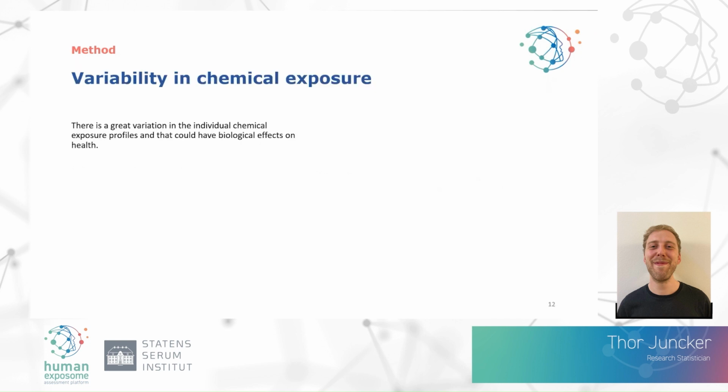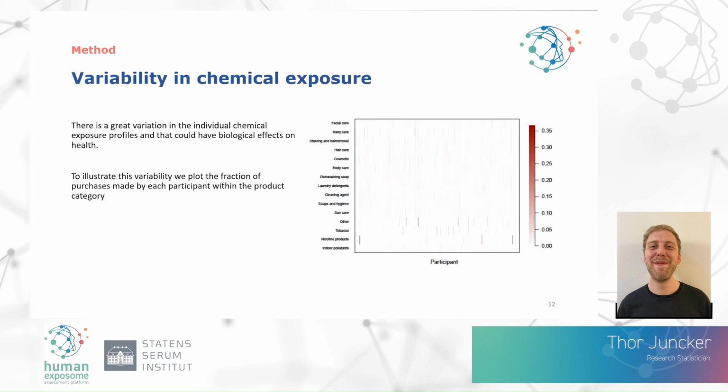So I claim that there's a great variation in the individual chemical exposure profiles, and this kind of chemical exposure profile could have a biological effect on health. To illustrate that point, we make a plot where on the x-axis we have the participants, and on the y-axis we have the product groups, and then we plot the fraction of purchases made by each participant within the product category.